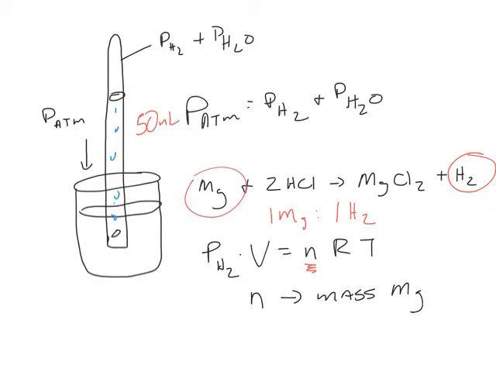The next calculation that you'll have to do before you can actually carry out the lab is a stoichiometry Chinese menu. So let me make a new slide here. Mg plus 2HCl makes MgCl2 plus hydrogen gas.